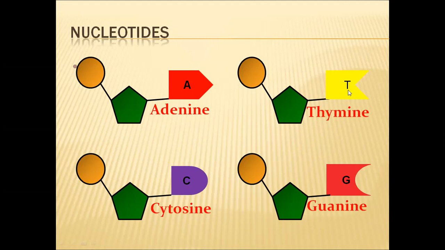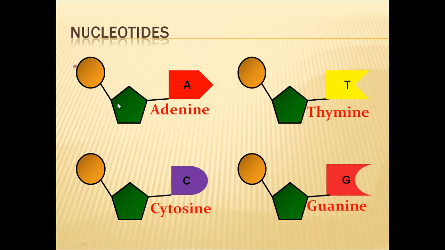And when thymine is attached to deoxyribose sugar, it is called deoxythymidine. So deoxythymidine, deoxyguanosine, deoxycytidine, deoxyadenosine: these are the four types of nucleosides.